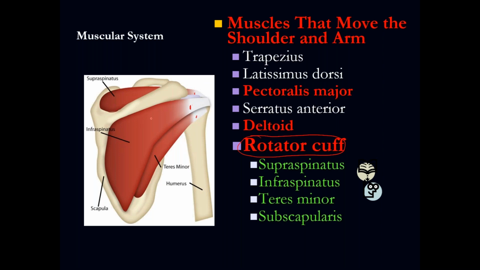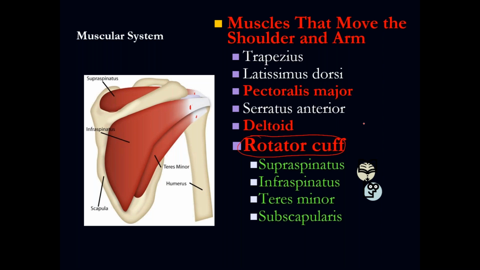Anteriorly, we have the subscapularis. So we have a group of four muscles. With the rotator cuff, you cannot, for example, use the soap on your back when you're having a shower. So you put your hand behind you and try to use the soap to reach your back, and that produces a lot of pain.